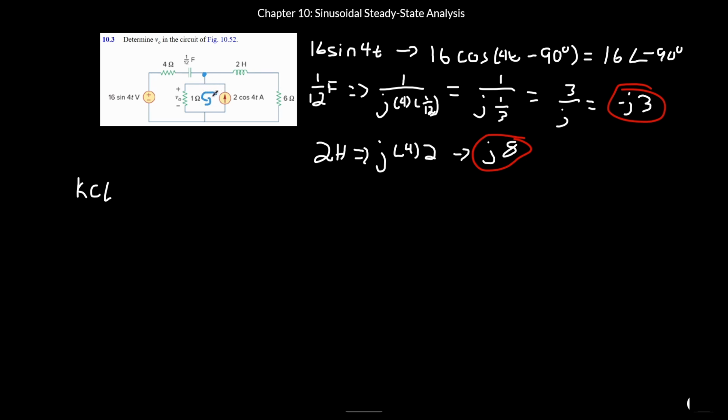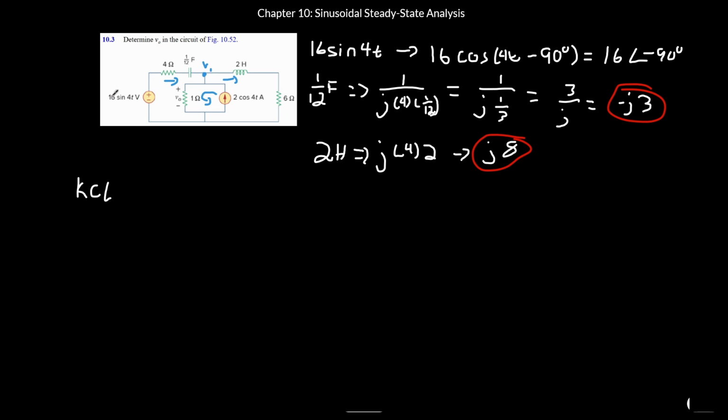Don't get this confused with mesh. We can say that the current is moving in a clockwise direction here. Now we could just call this, let's just say V1, and we can start doing our Kirchhoff's current law.